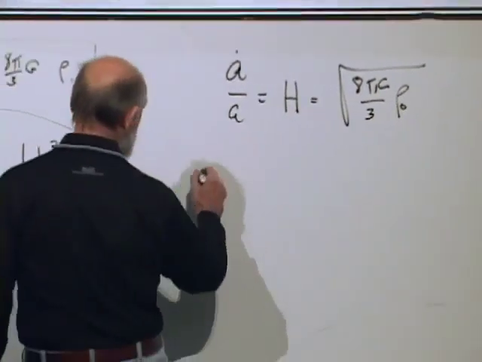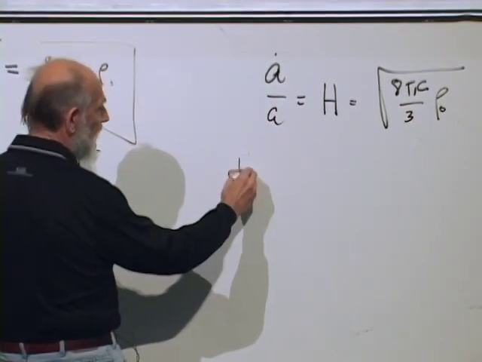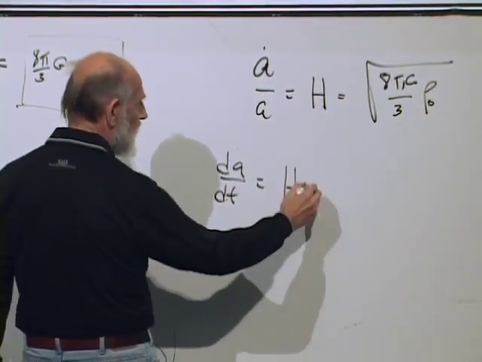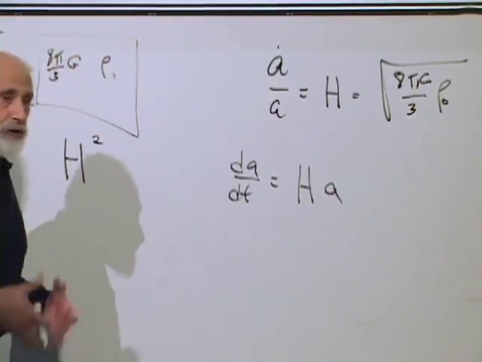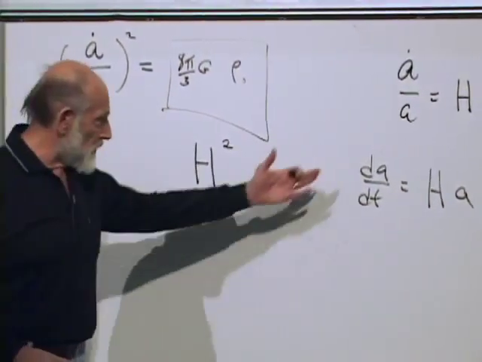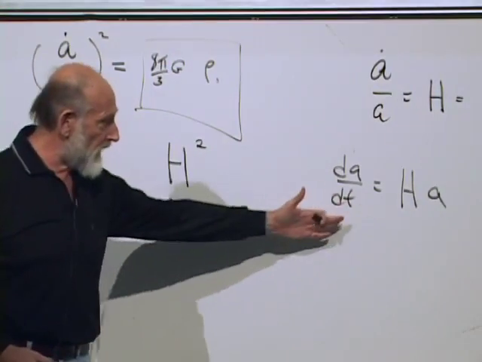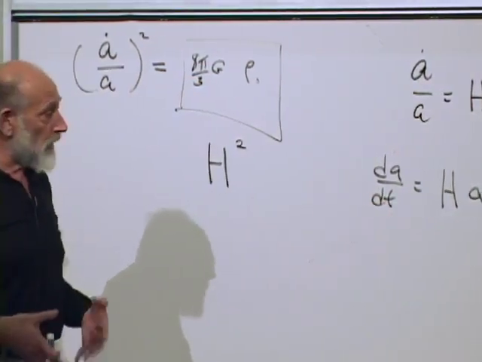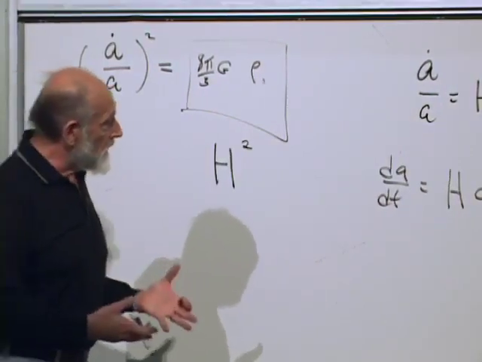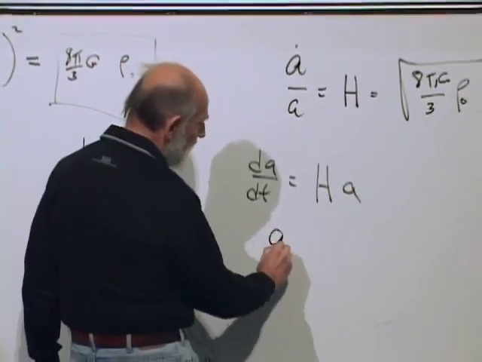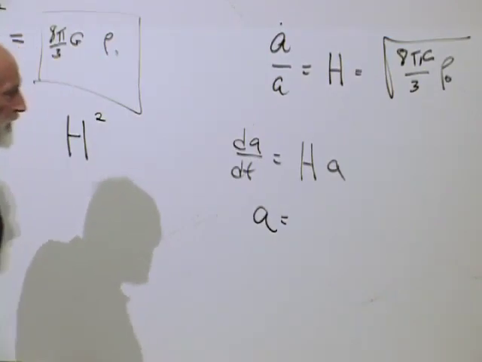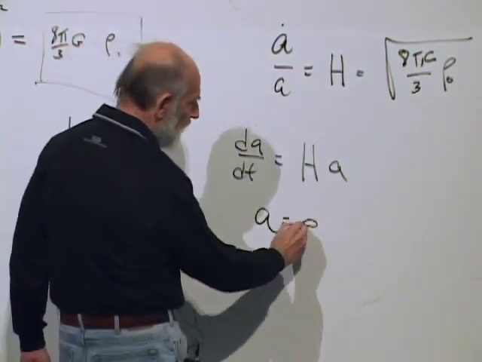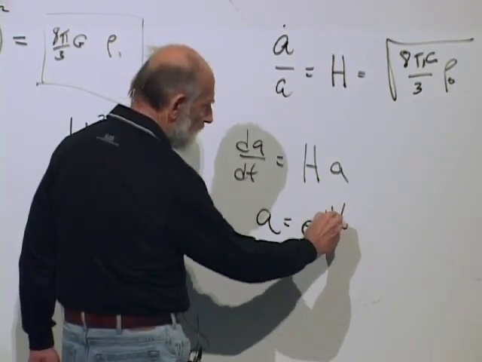Well, we can write it as a dot, which is da by dt, is equal to this constant, Hubble constant, times a. And the solution to that equation is an exponential. The rate of change of the scale factor is proportional to the scale factor with a constant of proportionality just equal to h. And the solution to this is a is equal to some constant. It doesn't matter. We can just ignore what the constant is and write e to the ht.